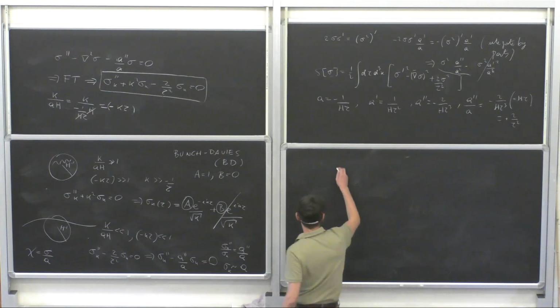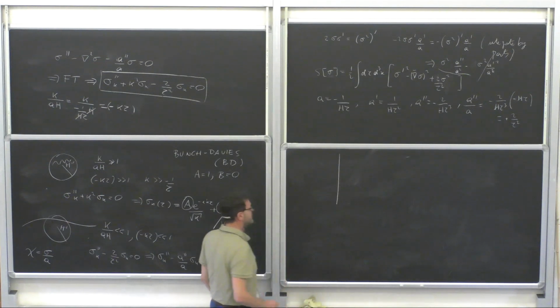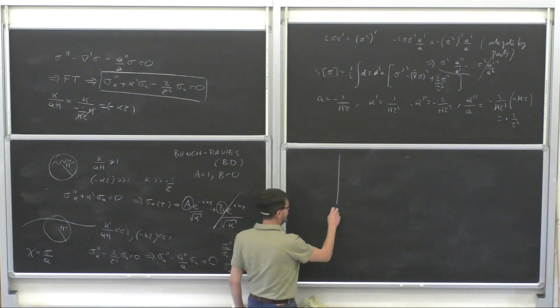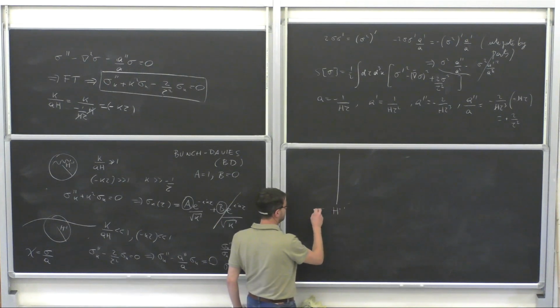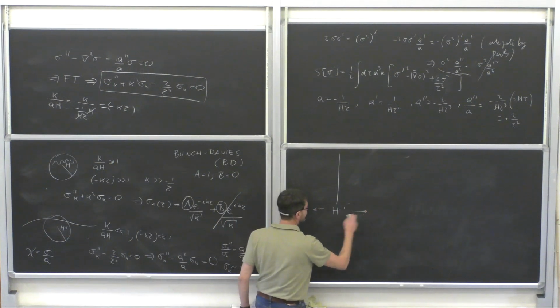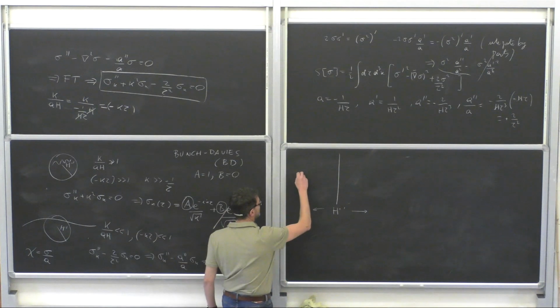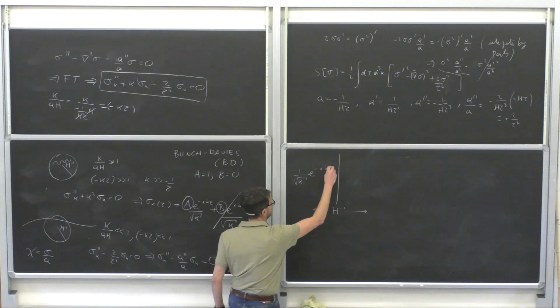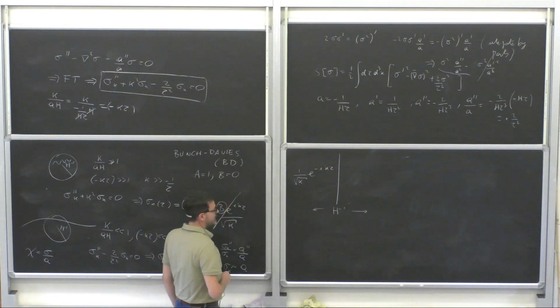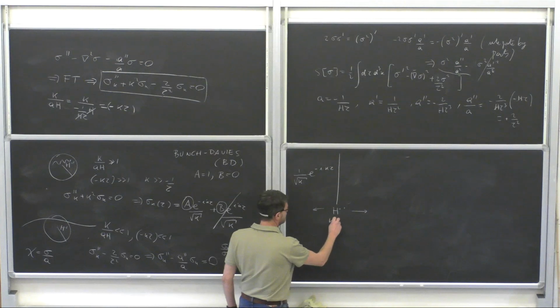So let's suppose that you separate your region into stages. You have a region on the left of the Hubble radius and on the right. Here you impose that the solution is 1 over the square root of k e to the minus i k tau. And then you have a wavelength that is going out, so you impose also that k over aH is equal to 1.